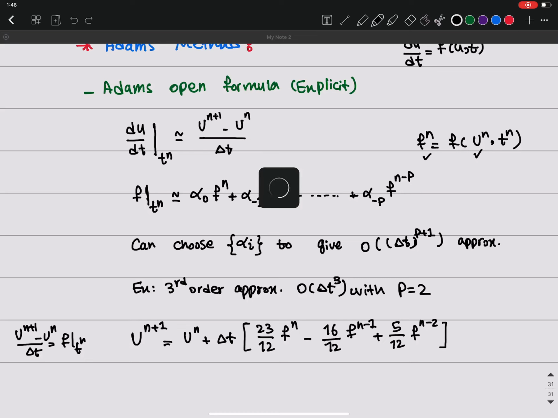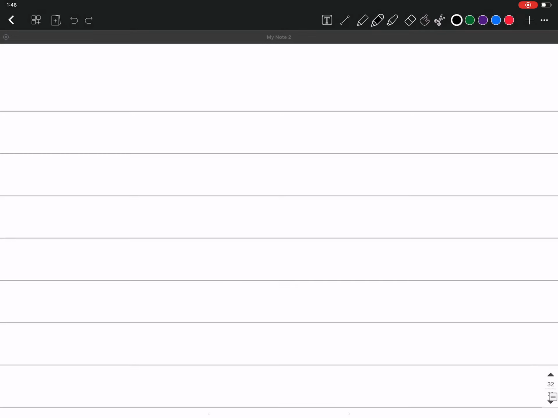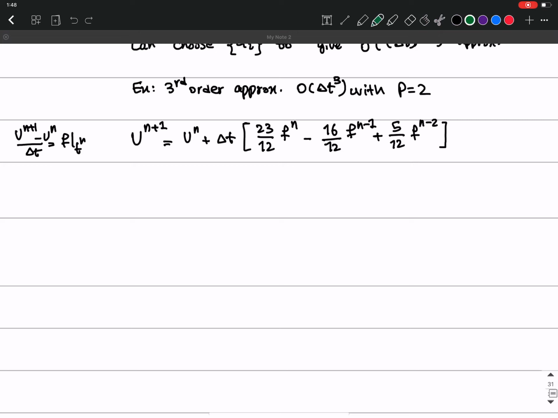Next, I want to talk and show Adams' close formula, or the implicit formula for that. So you can see how it looks like. So let me get started here.